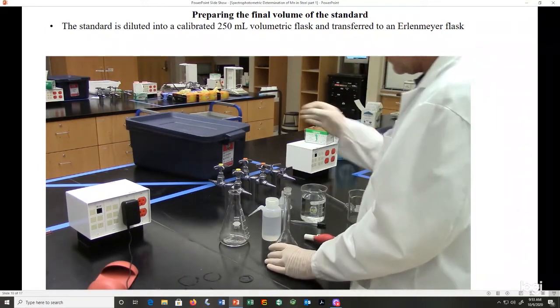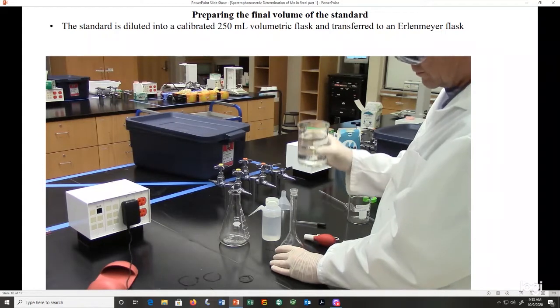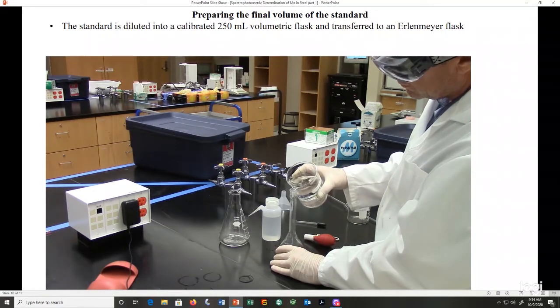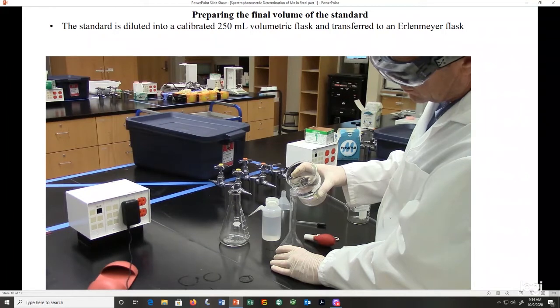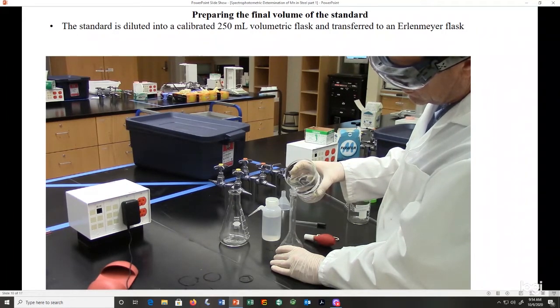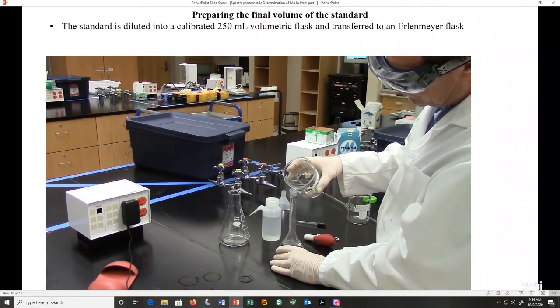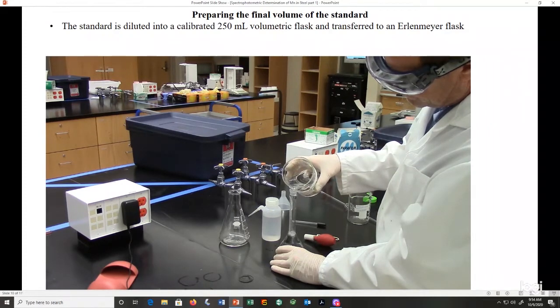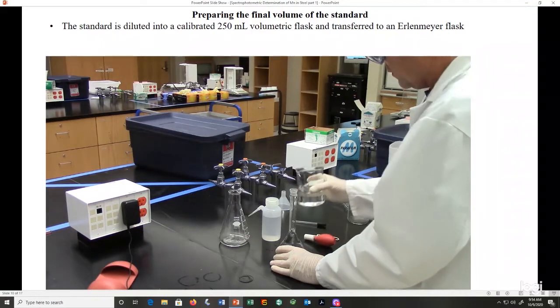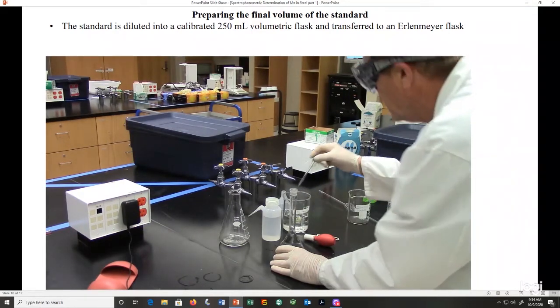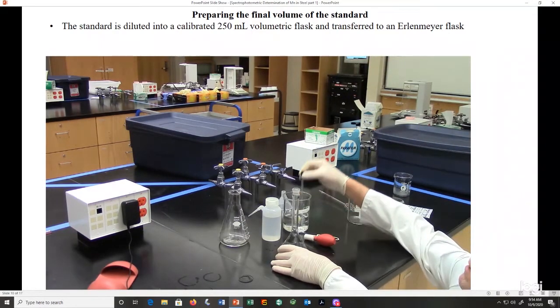And then we're going to bring this to volume with more deionized water. And then we'll use either our medicine dropper or squirt bottle to bring that volume exactly up to the mark.